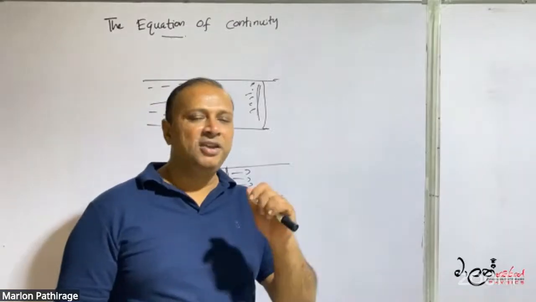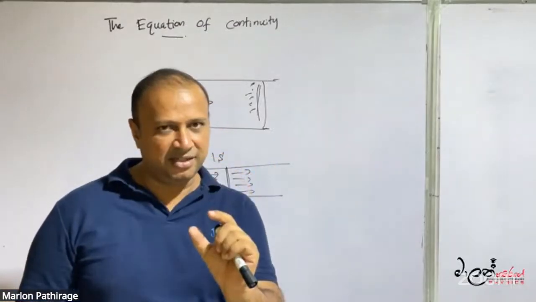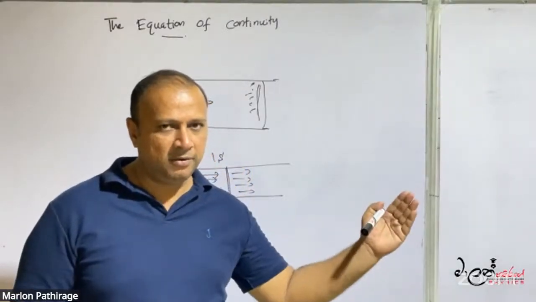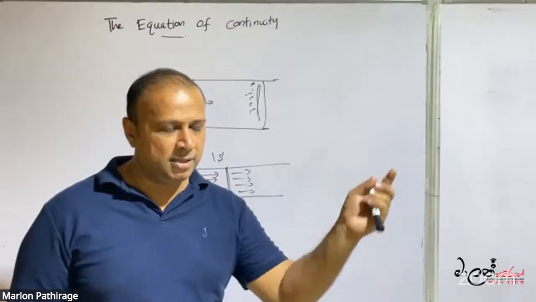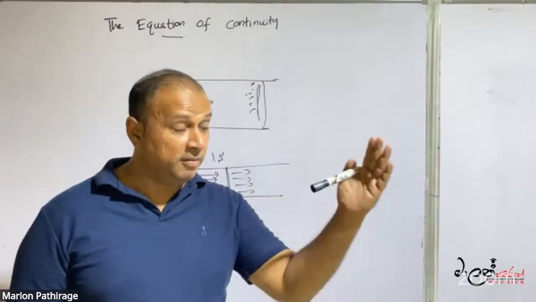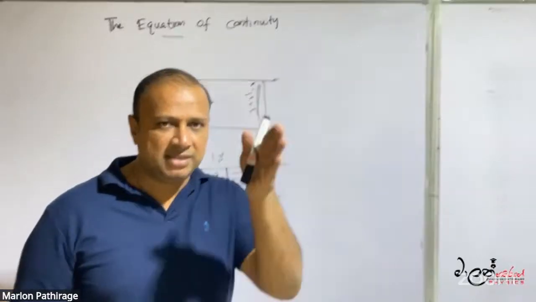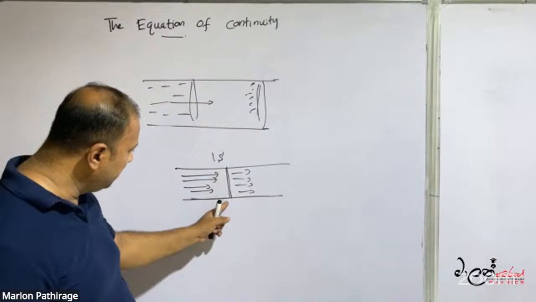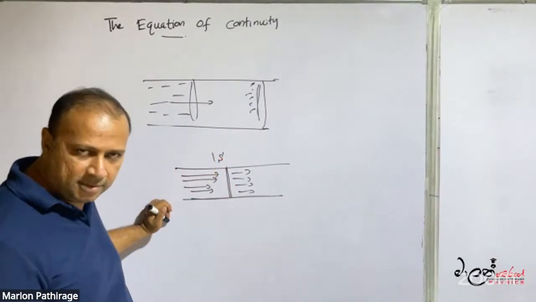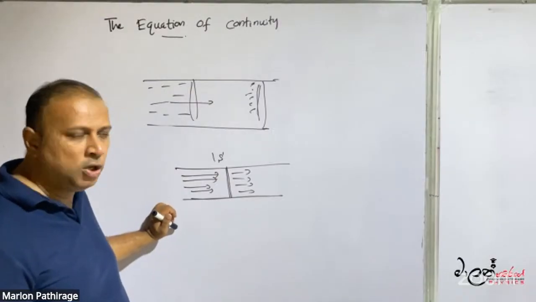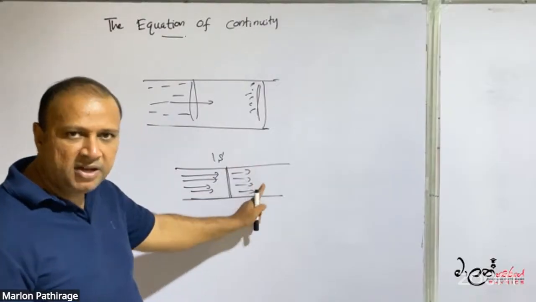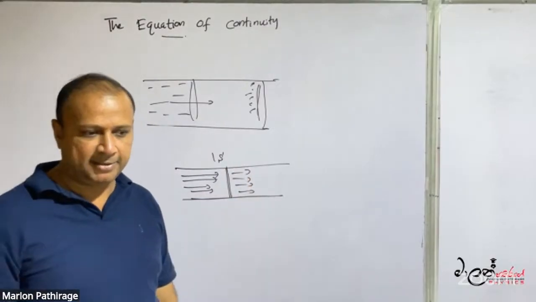Therefore, if there's a steady state condition, the amount of fluid passed through or amount of fluid received by a certain cross section within 1 second should be equal to the amount of fluid passed through that cross section within 1 second.